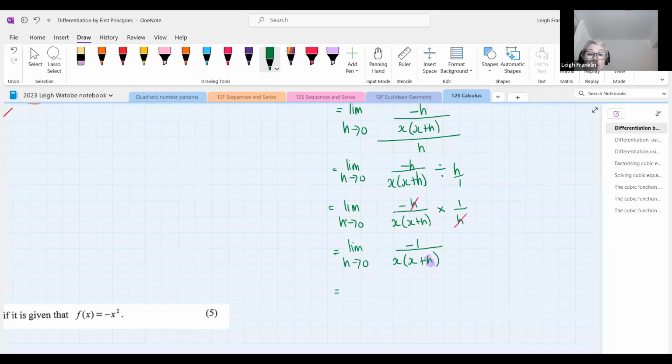If it became 0, then what I would have is minus 1 over x squared, like so. Does that make sense to everybody? Because this term over here would become 0.